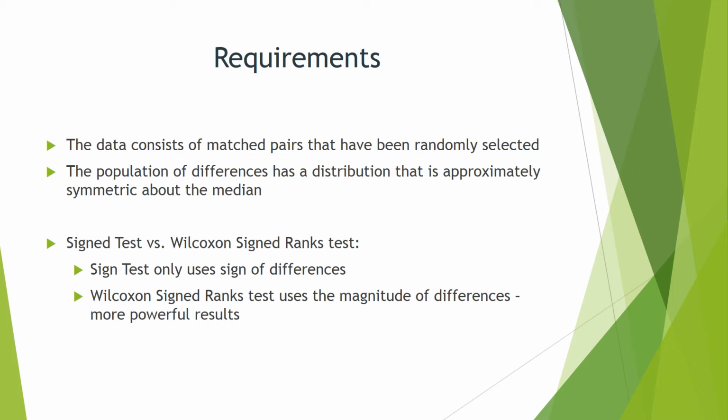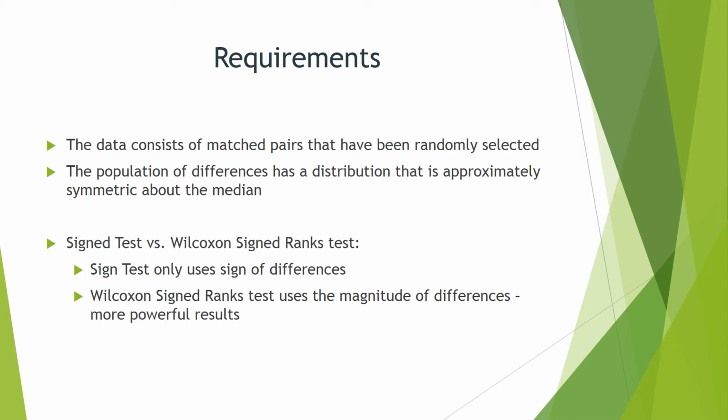The sign test only considered whether the differences were positive, negative, or equal. But it did not consider how much difference there was between them. Wilcoxon signed rank uses the magnitude of the differences, thus it is a better and more powerful result.